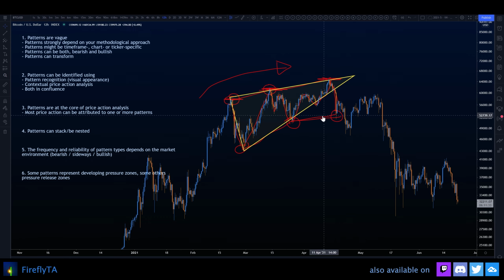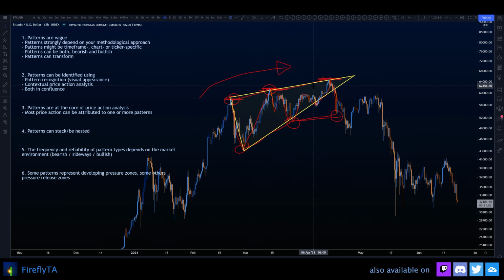There's a lot to explain in terms of contextual price action analysis. We have to go through all the patterns, and I will tell you what I know in terms of what to look for in price action, about strength and weakness, about certain candlestick patterns that can be identified within patterns.